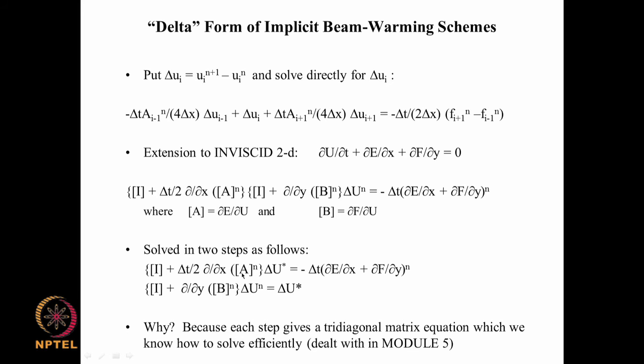This coefficient matrix, this Jacobian here, is being evaluated at nth time step, whereas the delta u here involves u i n plus 1, and this part here is therefore lagged. Although it is a function of u, it is making use of the u values at nth time step and not at n plus 1th time step.